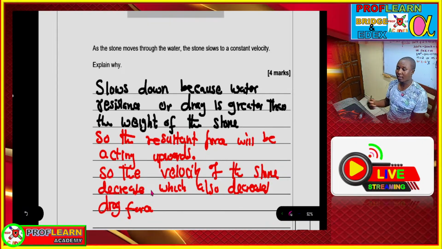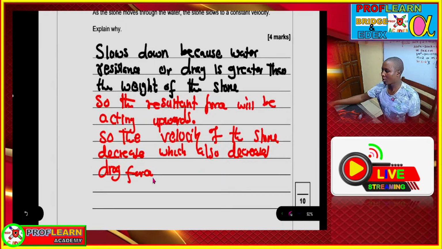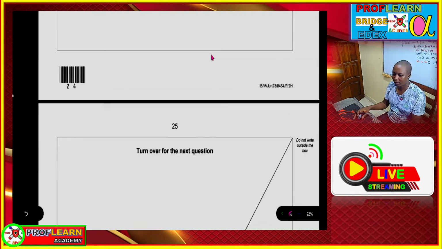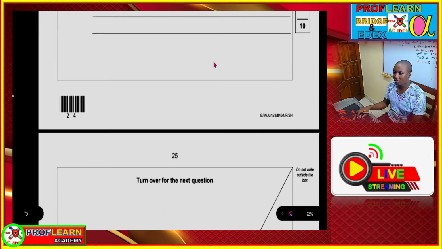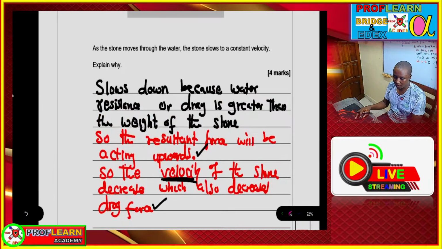Remember, drag or air resistance depends on the speed at which the object is moving. So that's why I'm saying if there is an upward resultant force, the velocity is going to decrease, and also drag is going to decrease. Yeah, so basically that's what you are supposed to mention in this particular question.